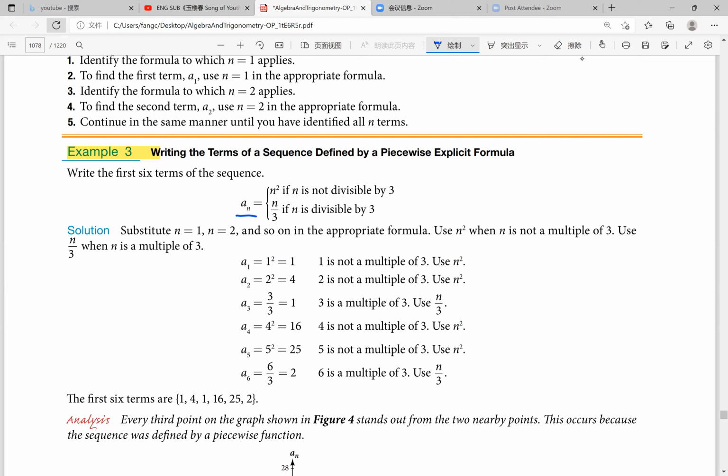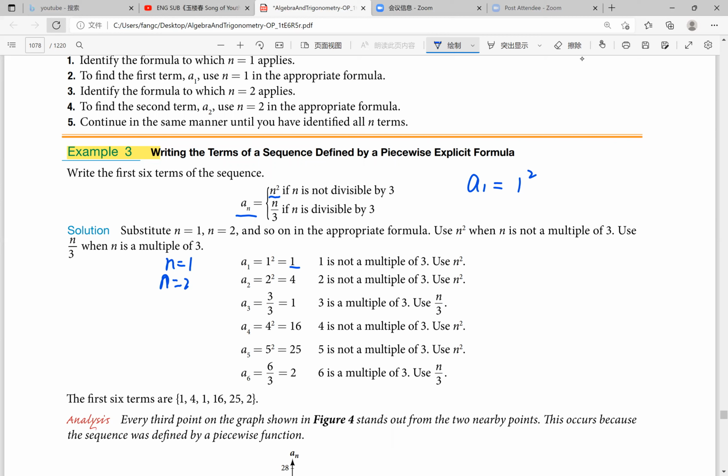So we can try n equals 1. And 1 is not divisible by 3, so a1 should be equal to 1 squared. We should use the first one. So 1 squared is 1. When n equals 2, 2 is still not divisible, so we still use the first explicit formula.